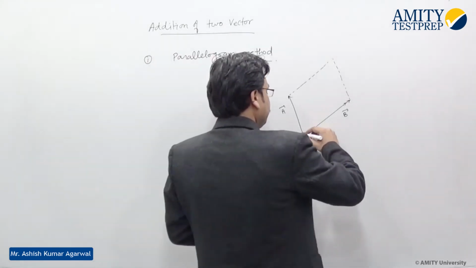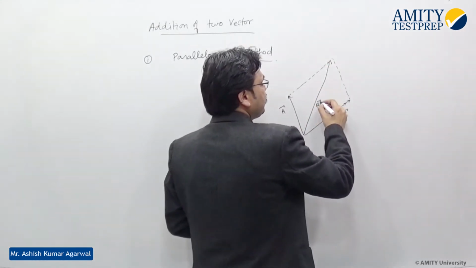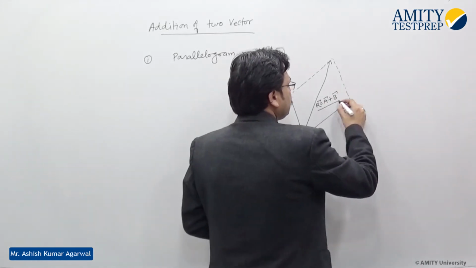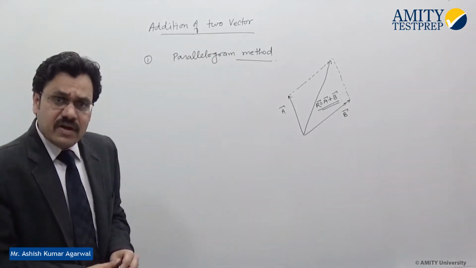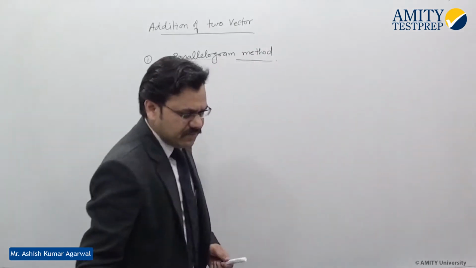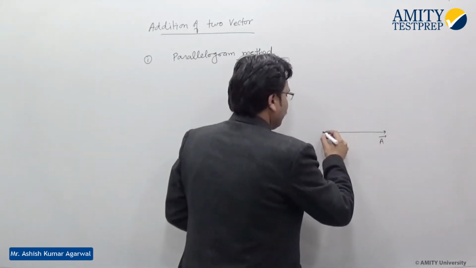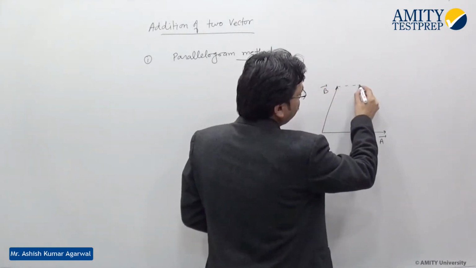It means this diagonal will give you the resultant, and it will be represented by A plus B vectors. So now for our simplicity, I'm just taking two other vectors A and B, and making a complete parallelogram again.